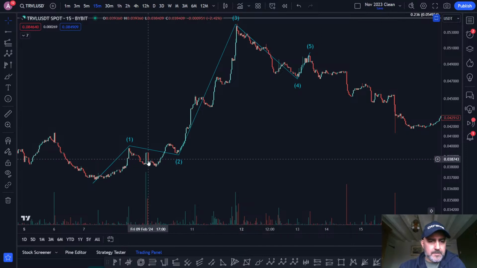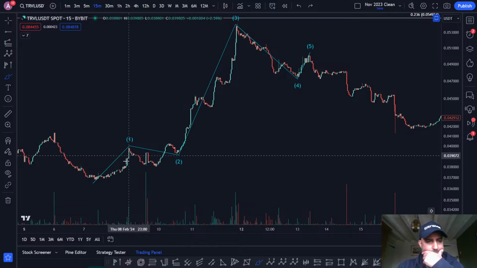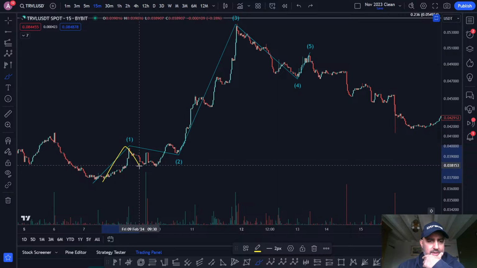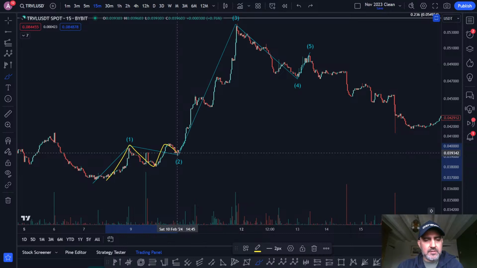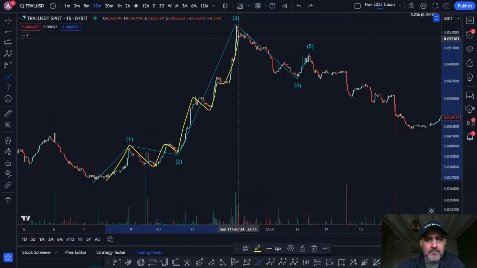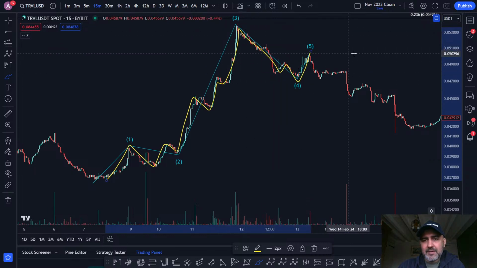That's fine. That's like volume coming in, but actually if you look at the trajectory, that's like one move. So 1, A, B, C, 1, 2, 3, 4, 5, A, B, C, and then there's like a 5.